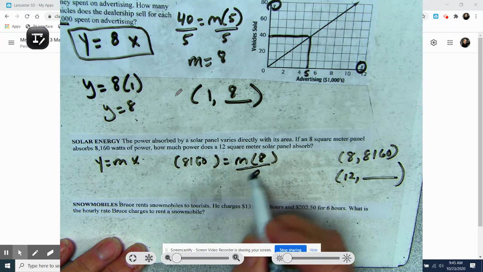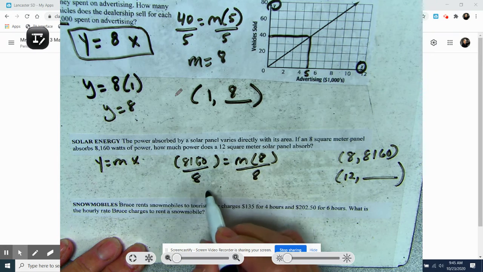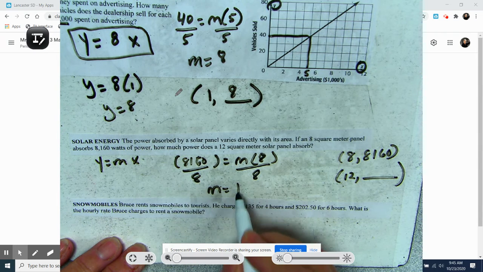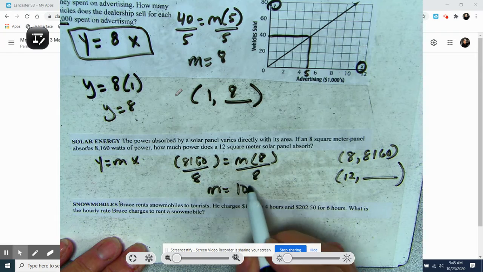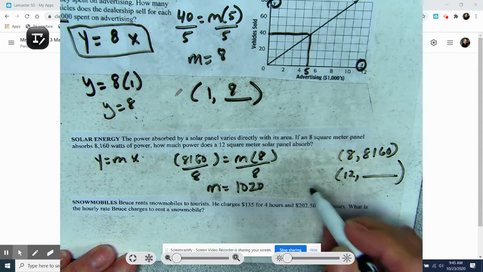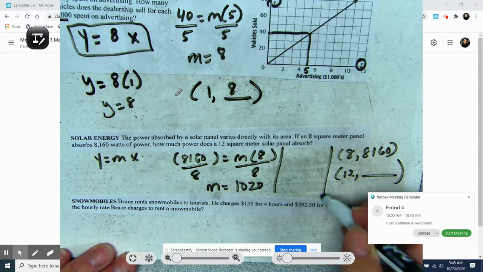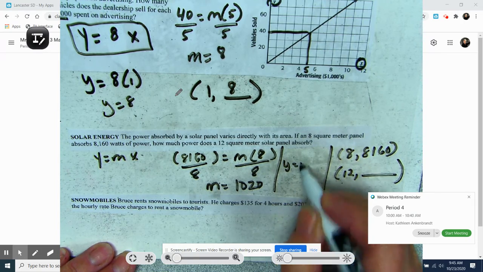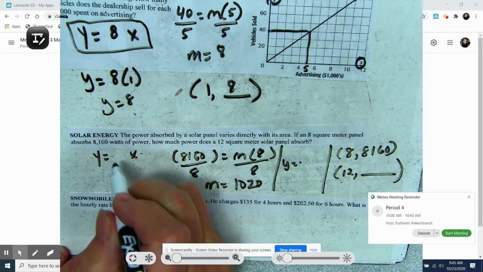We're going to divide by 8. And we're going to find out that m equals: 8 goes into 8 once, 8 goes into 1, 0, 8 goes into 16, 2, and 8 goes into 0. So m equals 1,020. So y equals, we would change this. This would now be 1020.